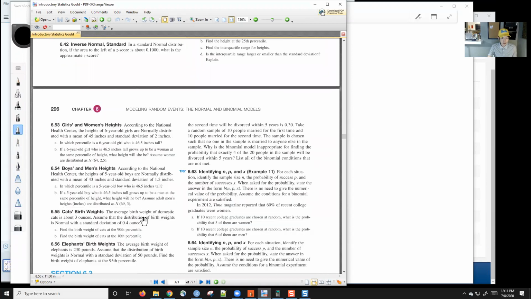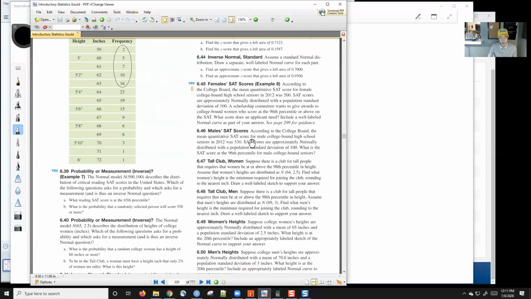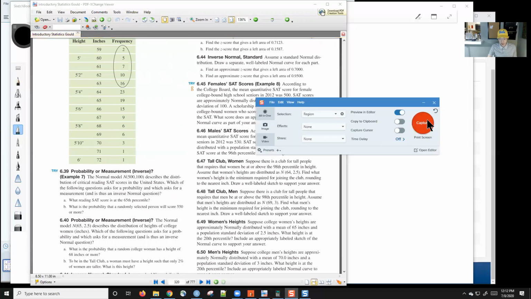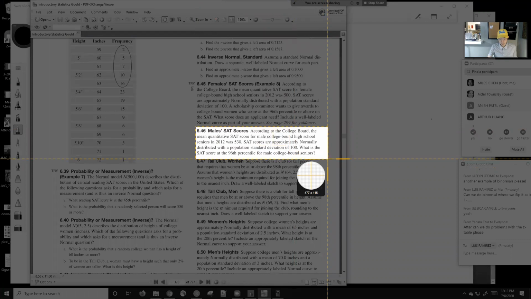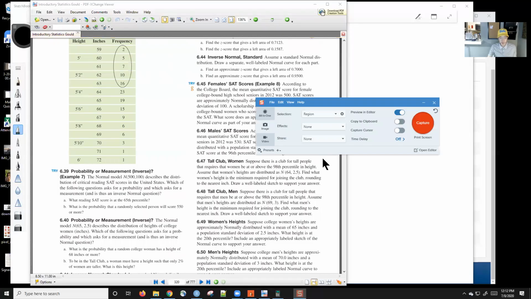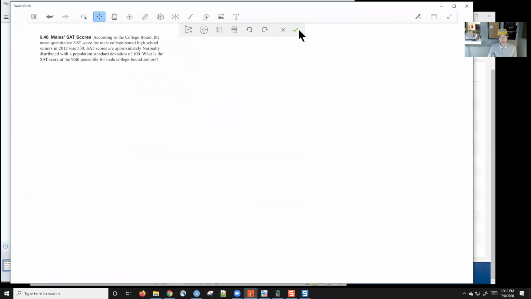Okay, so let's take a look here. All right, so we'll look at 646. It says males SAT scores. So let's try this one out. It says, according to the College Board, the mean quantitative SAT score for male college-bound high school seniors in 2012 was 530.